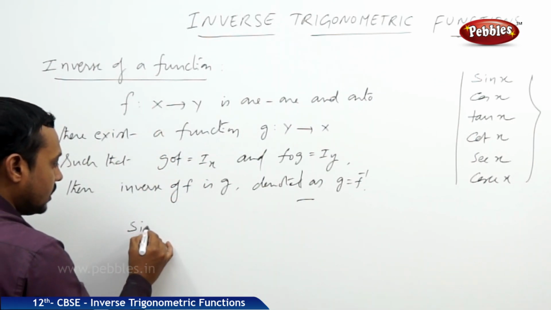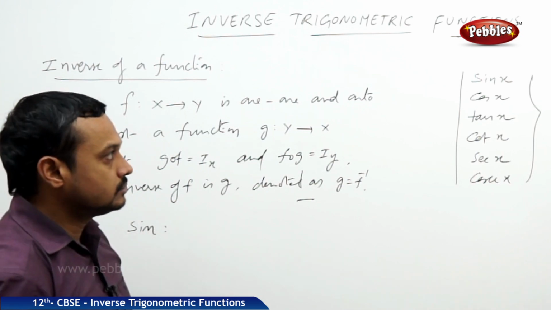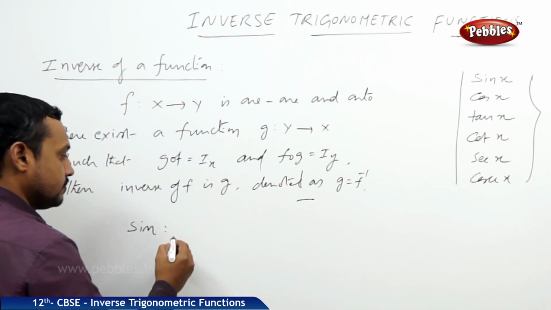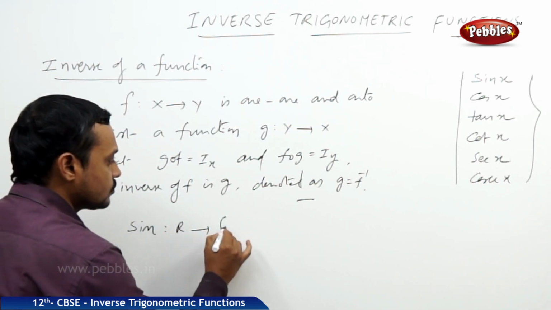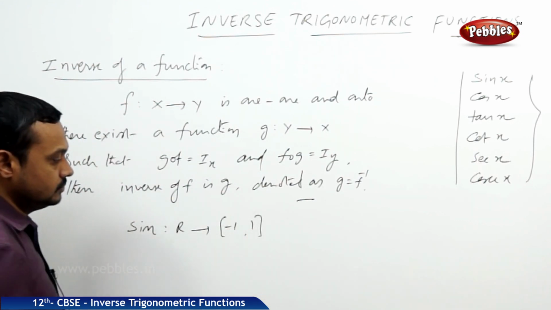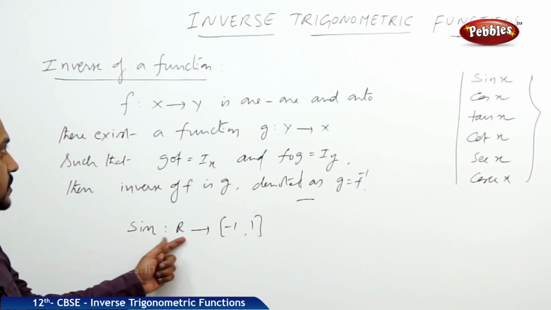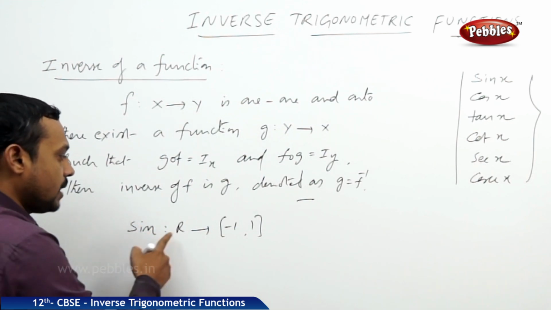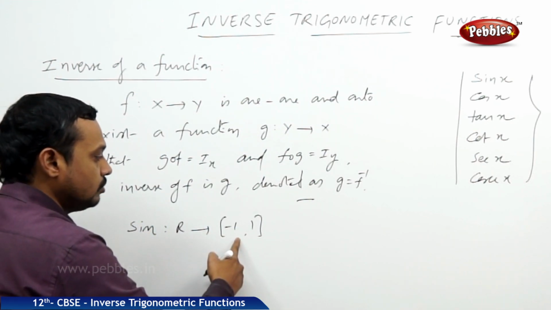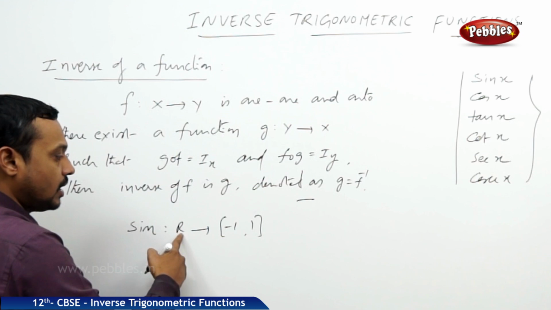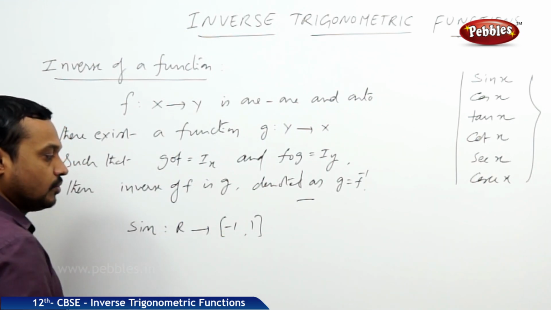Suppose I take a sine function, sine maps R to minus 1 to 1. You know, f maps x to y. Sine maps set of real numbers to minus 1 to 1. Here the domain is R and range is minus 1 to 1.